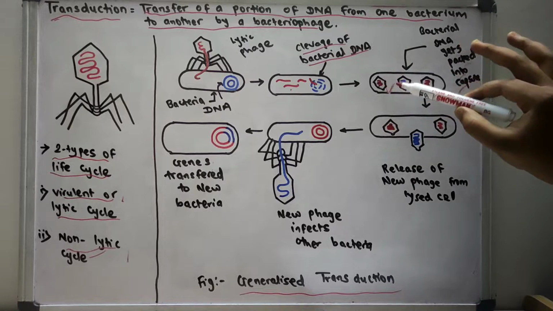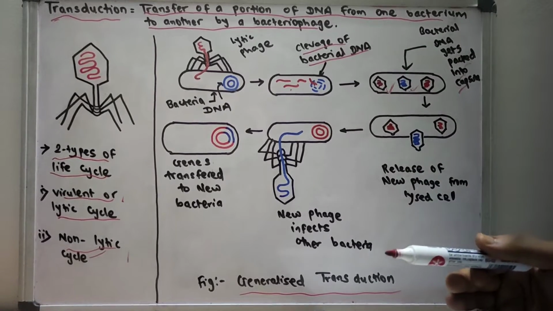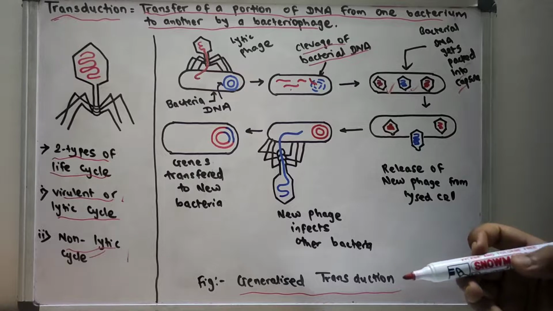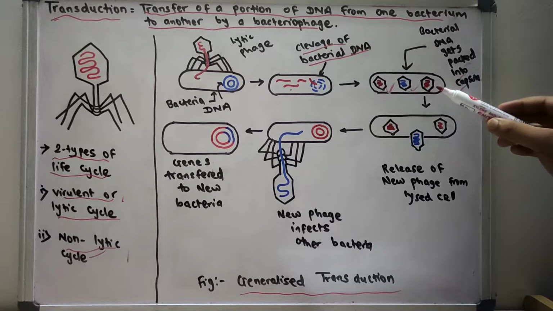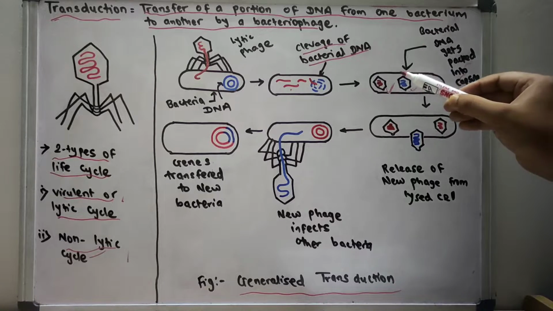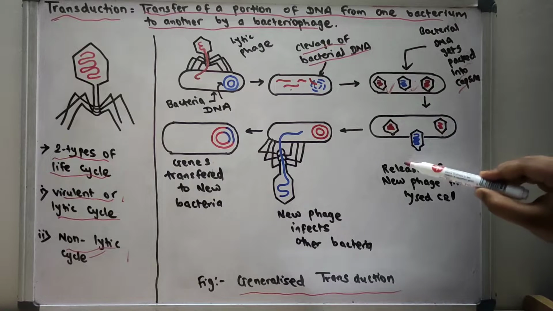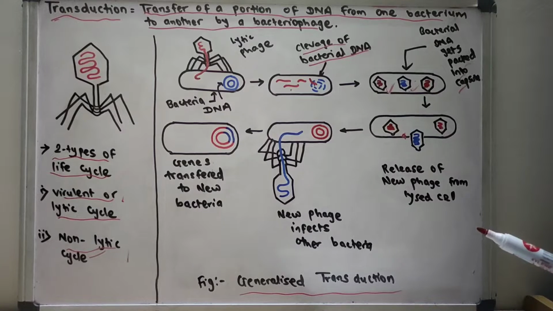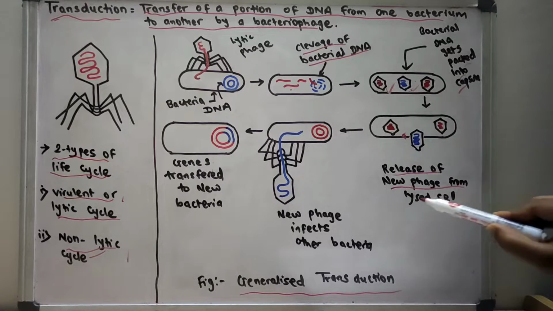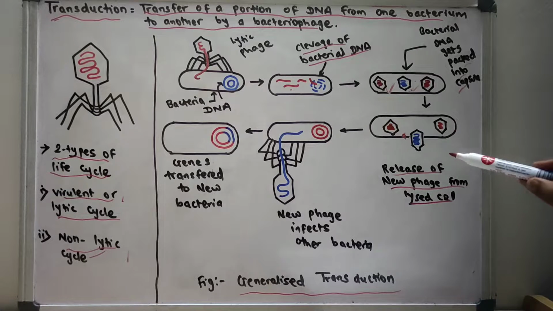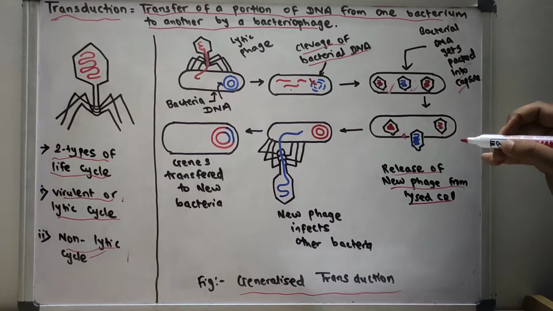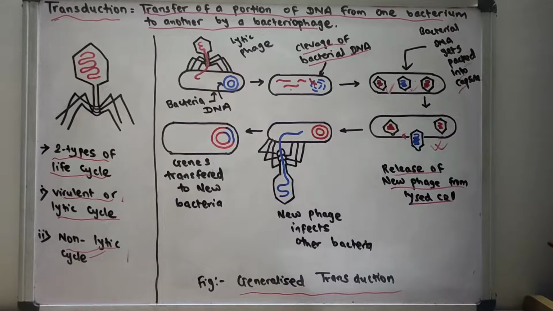I have shown only three here, but there are thousands of capsules which consist of packages of the bacterial DNA as well as bacteriophage DNA. Then the cell membrane of the bacterium gets ruptured and there is release of the new phages from the lysed cell.